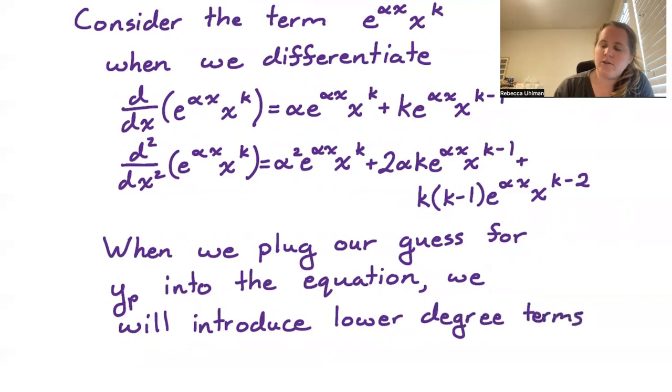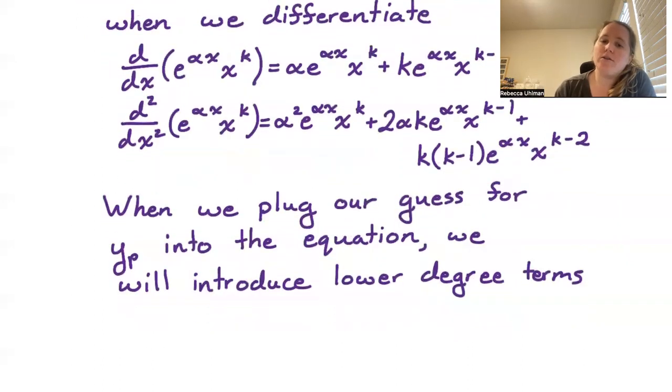And so in order to be able to match the coefficients in our equation for the plugged in yp side and the right-hand side of the equation, we will actually need to include all degrees in our guess.